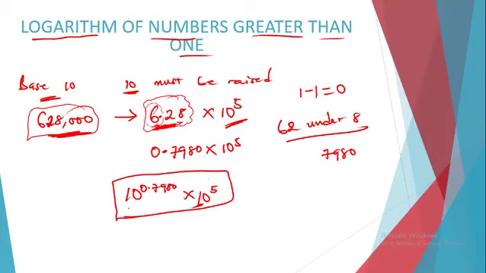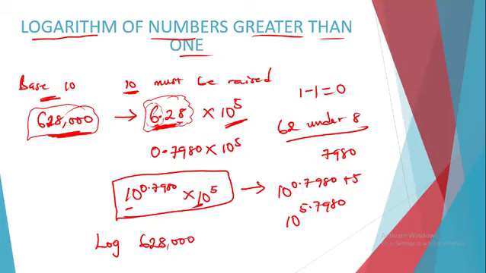When the bases are the same, we pick one of the bases and then we add the powers. And therefore we have 10 raised to power 0.7980 plus 5, and this plus 5 will give us 5.7980.